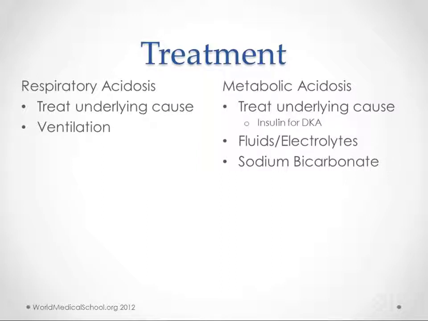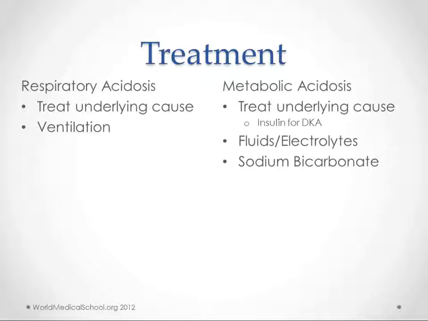So the treatment of acidosis, if it's respiratory, you're going to try and get them to breathe better, obviously. You need more oxygen getting into the lungs, so you treat the underlying cause. Often that includes ventilation. If it's a metabolic acidosis, we're also going to treat the underlying cause, which in the case of DKA is going to be giving insulin.